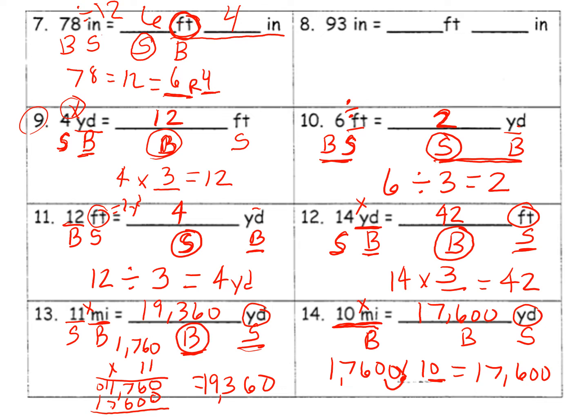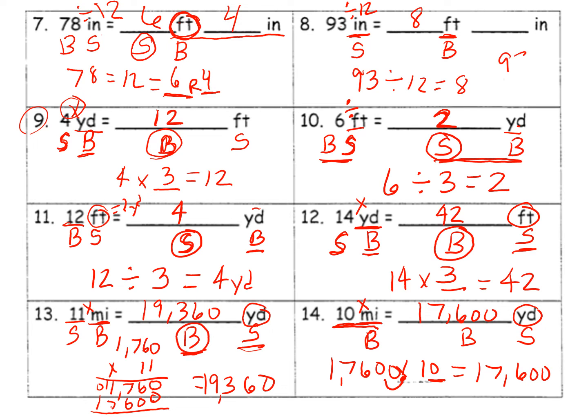Okay. Here we got 93 inches. Inches are still small, feet are still big. So 93 divided by 12, because there are 12 inches in a foot. So 93 divided by 12, 8 feet is 84 inches.